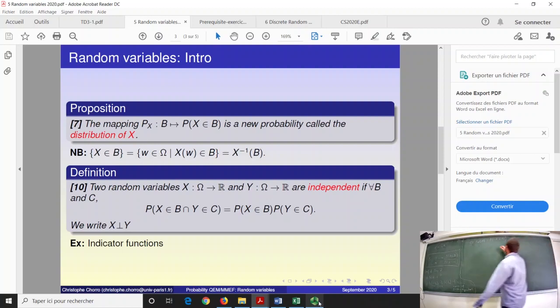Omega. This is equal to omega. And what is P of omega? 1, because P is a probability. We know that P is a probability. It was my initial probability. So 1, because P is a proba. And I want to prove that Px is a proba. But I know that P is. So Px of the universe is equal to 1.